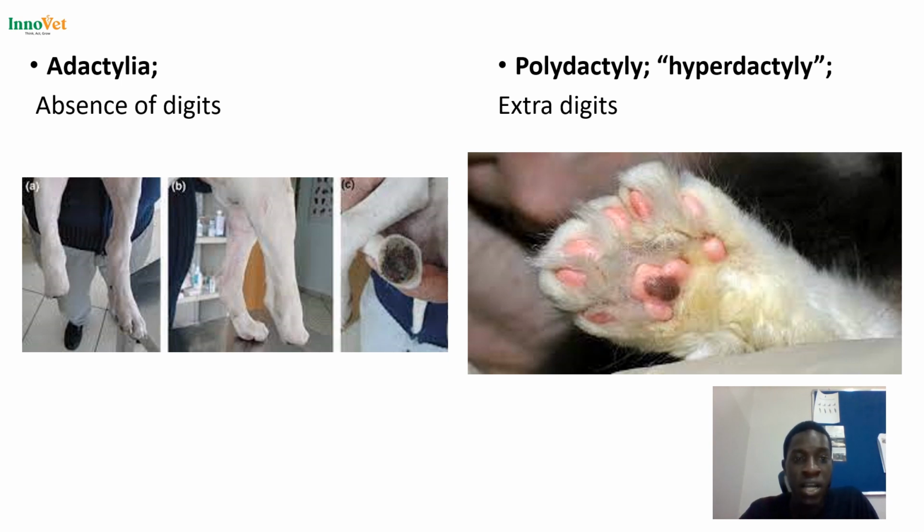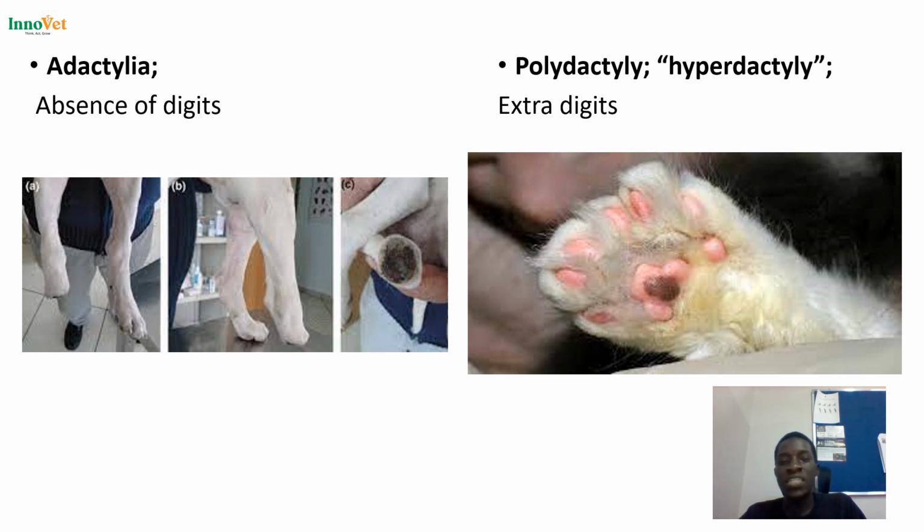Lastly, we shall have adactylia, where there is absence of the digits, as seen in this animal here. We see that one leg has all its digits, but the other leg is lacking the digits, as if they were cut off, but no, this was due to an anomaly where they failed to develop.